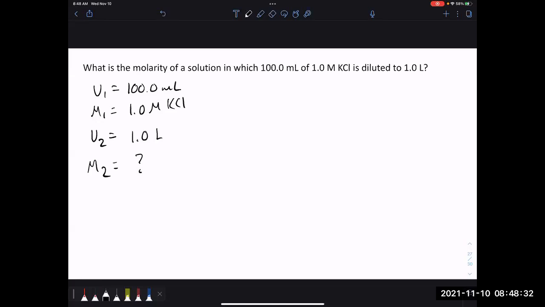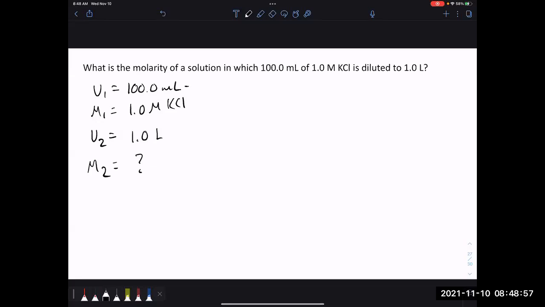So here we have different units. We have milliliters and liters. So we need to convert one of those into the other. We could convert liters into milliliters, or we can convert milliliters into liters. I'm going to convert milliliters to liters.